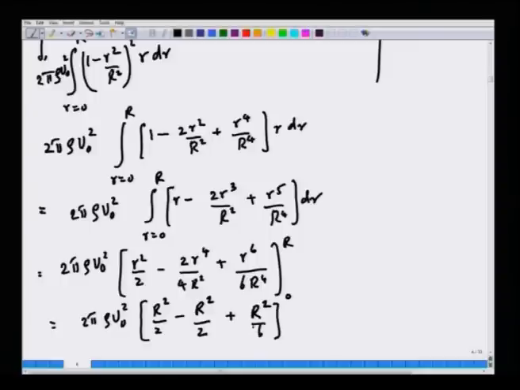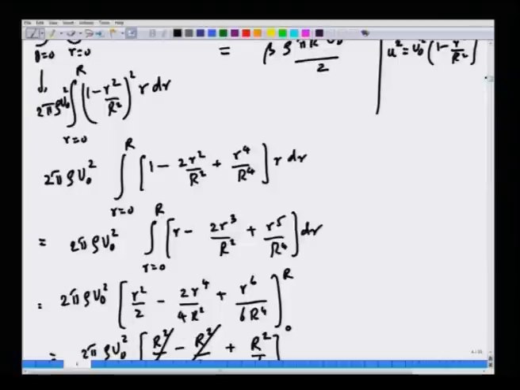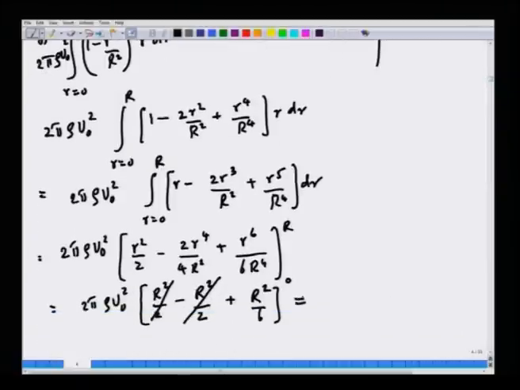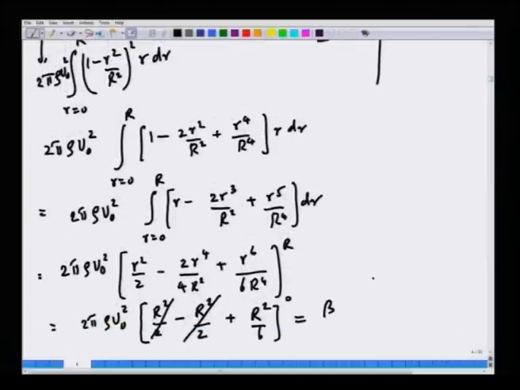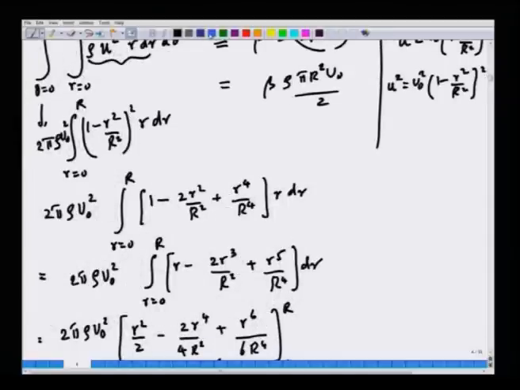So, you get these two R squared by 2 terms will cancel out, and on the right side, this must equal beta times rho pi R squared u naught by 2.